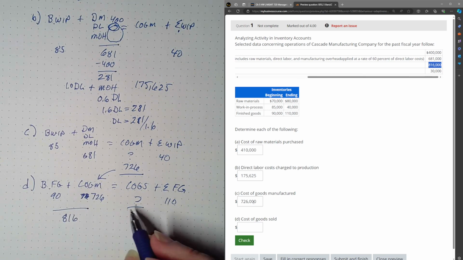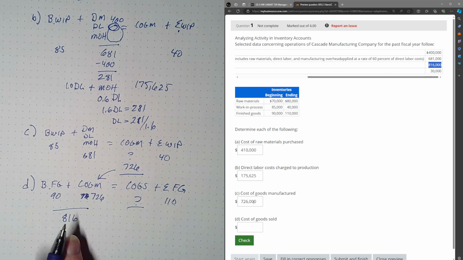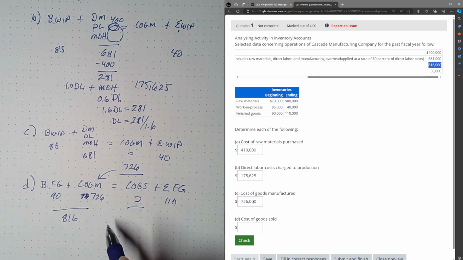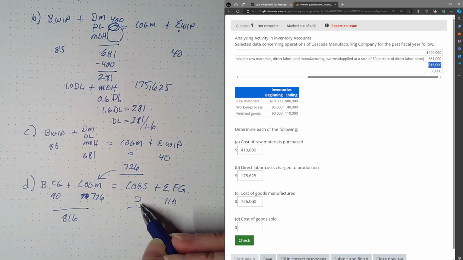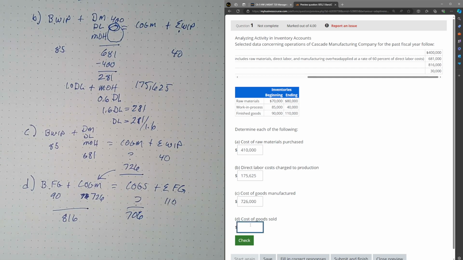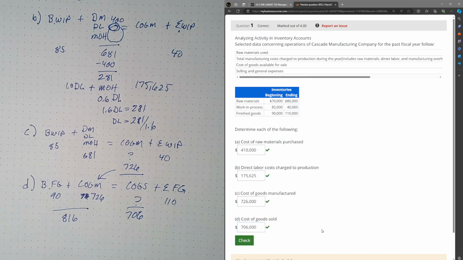But if we calculate this out, if you notice, 90 and 110, it's 20,000 difference. So in other words, this number has to be 20,000 less for these two things to be equal. So this has to be 706. So we put 706,000 in here, and let's check. All good. And of course, your numbers are a little different, but the process should still be the same.